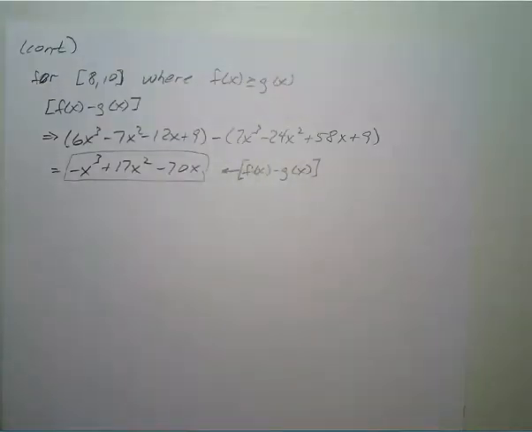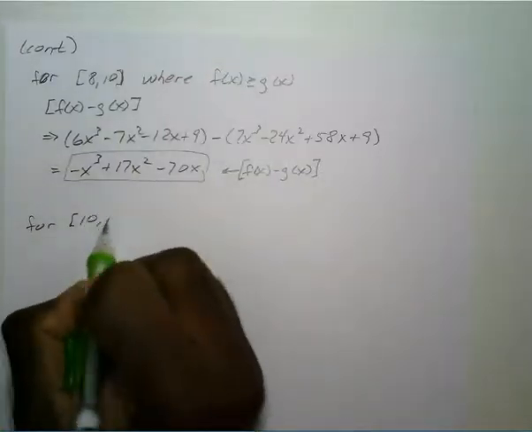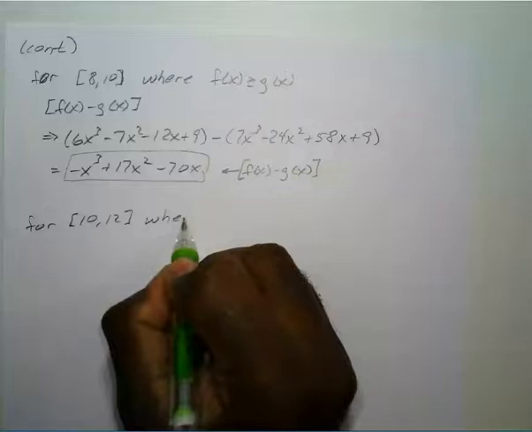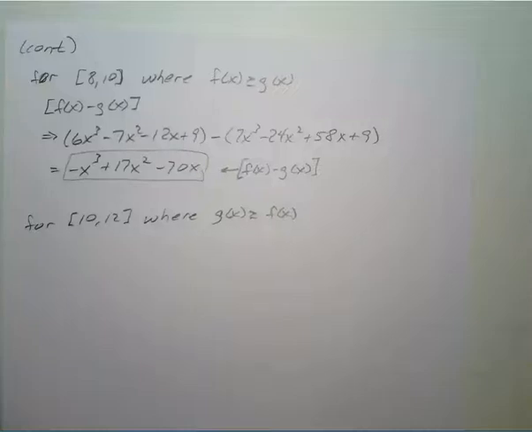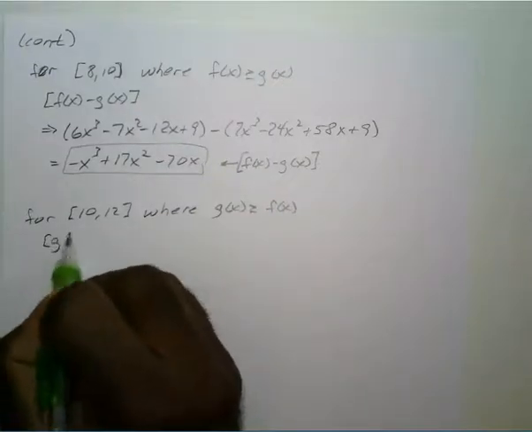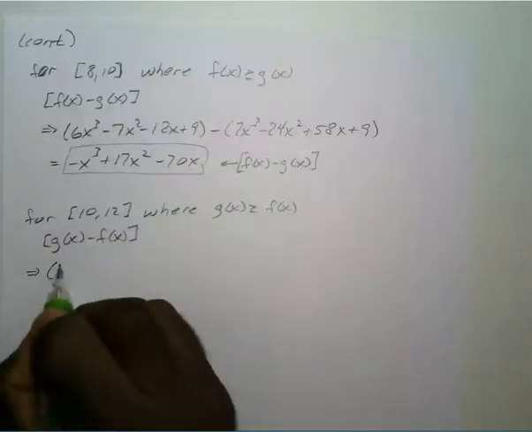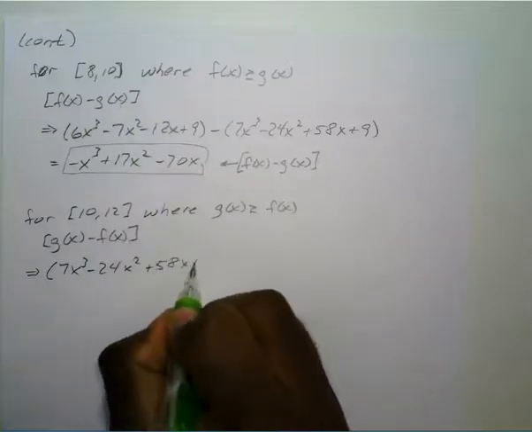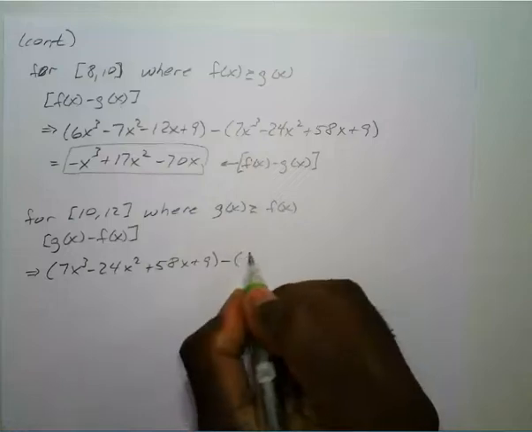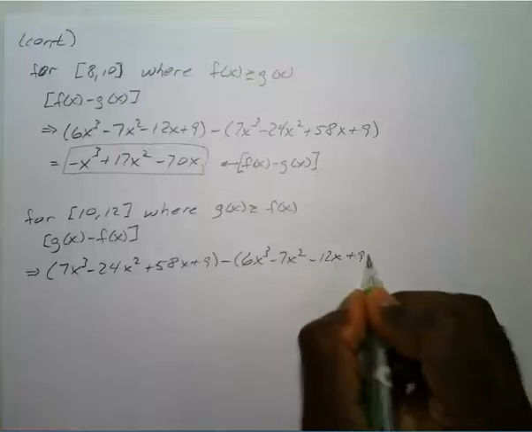Now, for the interval from 10 to 12, remember that's g of x minus f of x. Where g of x is greater than or equal to f of x, g of x minus f of x, that is 7x to the third minus 24x squared plus 58x plus 9 minus 6x to the third minus 7x squared minus 12x plus 9.